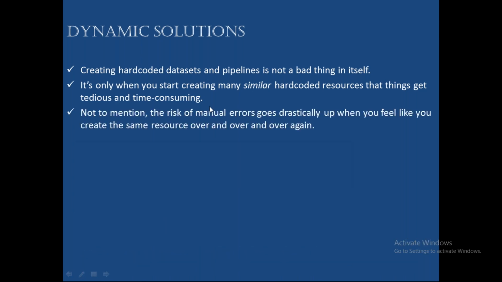Not to mention the risk of manual errors goes drastically up when you create the same resource over and over and over again. If you're trying to create the same resource again and again, what happens is manual errors. Maybe we give the same name which we have given before.